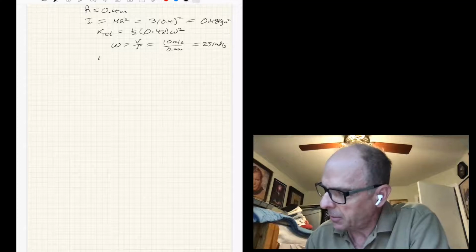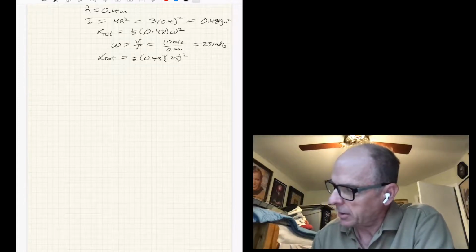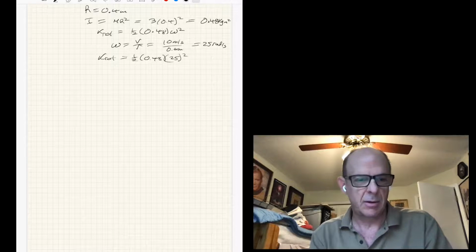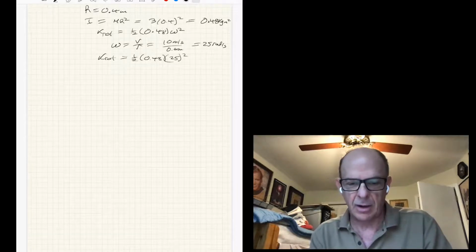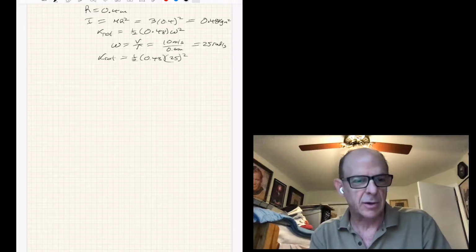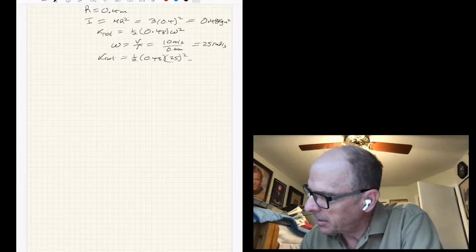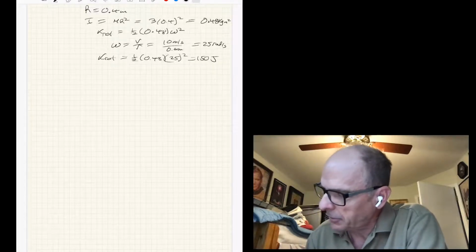And so K rot for each wheel is 1/2 times 0.48 times 25 squared. 0.5 times 0.48 times 25 times 25 gives me 150 joules.